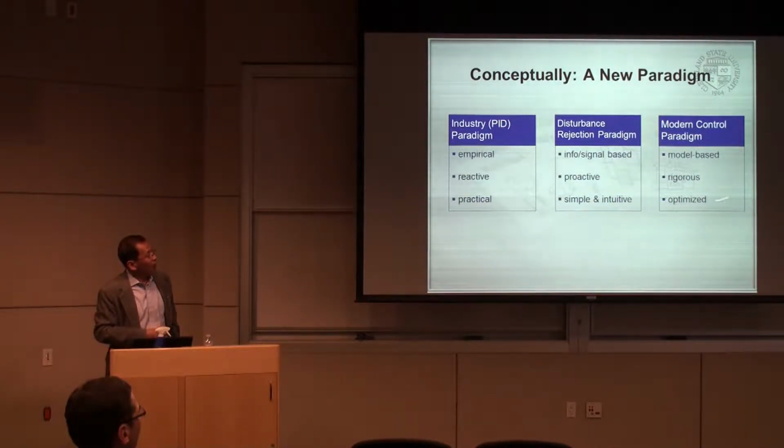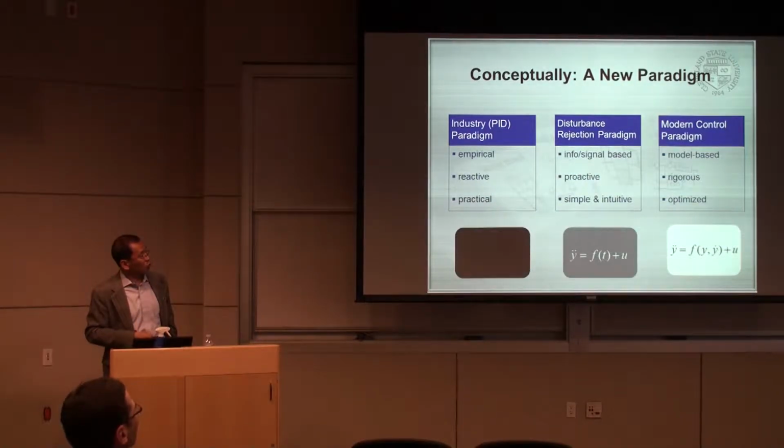And then on the other side, we have the modern control paradigm, where it's model-based, where it's rigorous, where controller is optimized. Right? But here you need transparency. You need a lot of information. So we could say that the industry paradigm may be more like a black box approach, and the modern control paradigm is more like a white box approach. We need something in the middle.